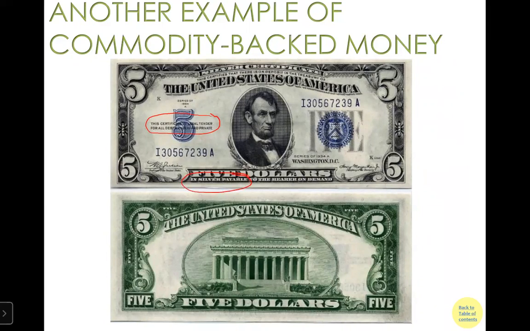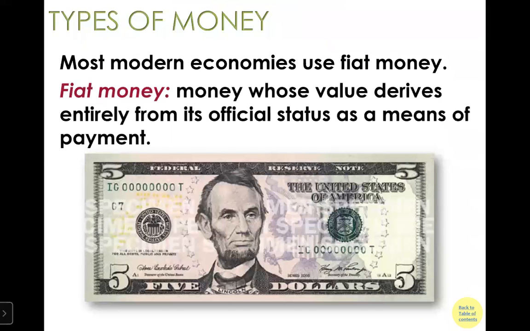All right. So the last generation of money, or the more modern form of money, is called fiat money. What is fiat money? It is similar to commodity-backed money in the sense that this money itself has no intrinsic value, number one.